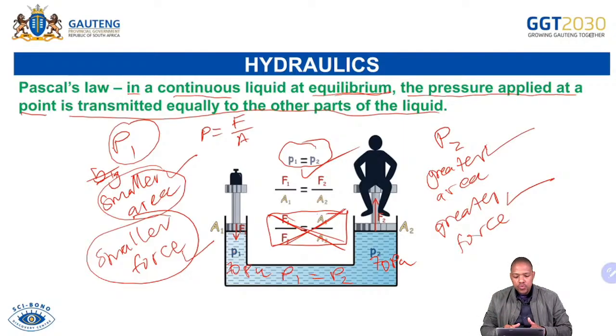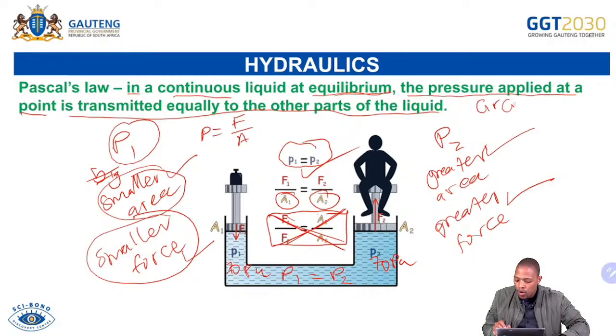Now, what are other things that you have to look for? As you can see here, the formula is talking of area. What comes back now? The calculation of areas again, grade 12. And most of the time, since these are pistons, here we're going to be calculating the area of a what? Of a circle.